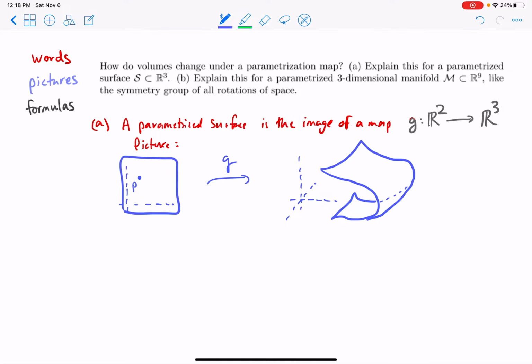So, some square here becomes this curvy, weird, shaped thing. And somewhere is this point G applied to P, G of P. Now, what happens is that a small square here becomes some curvy square here.